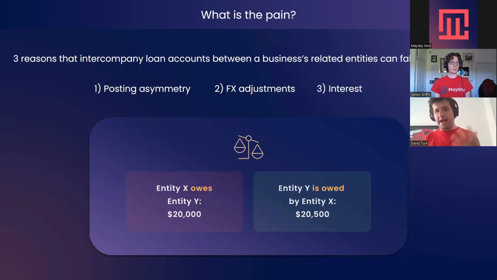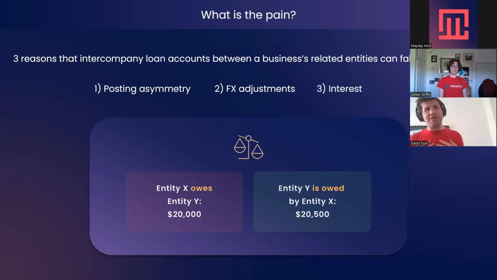Then FX adjustments, where the £100,000 that the UK parent has loaned to the US sub did equate to $125,000 at the time the loan was made, but FX rates will always move, and you need to stay on track of posting those FX adjustments to keep the loan accounts in balance. And finally, interest, making sure that it is correctly calculated and correctly posted to both entities in line with any interest being applied to said loan account balances.